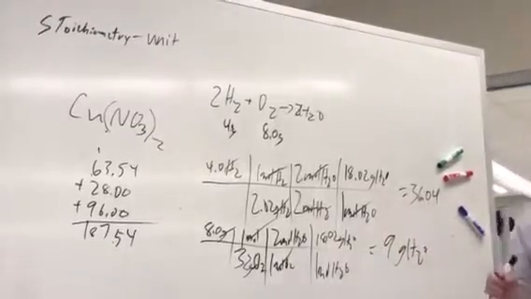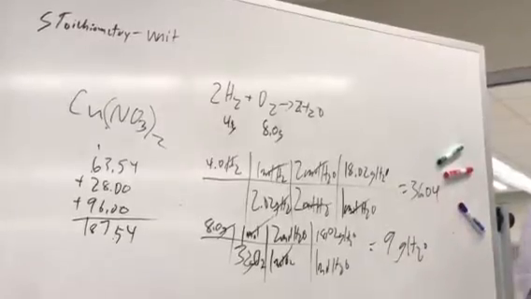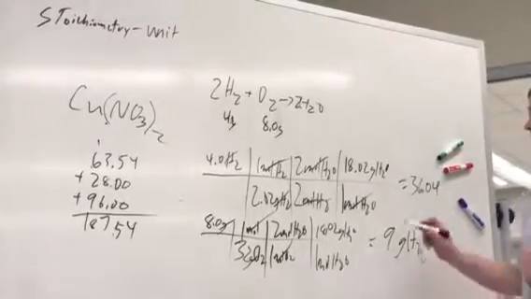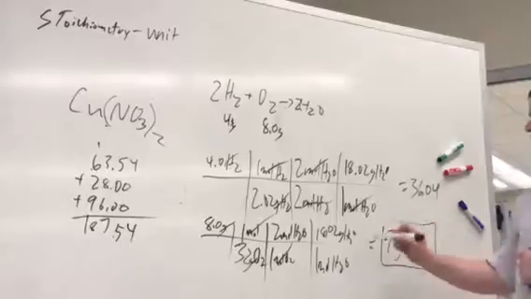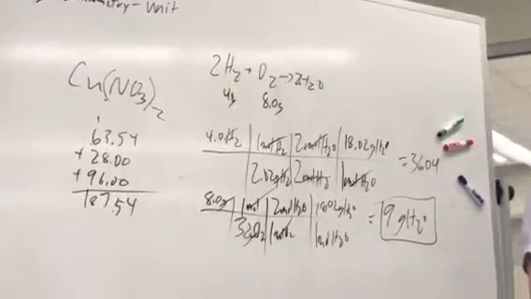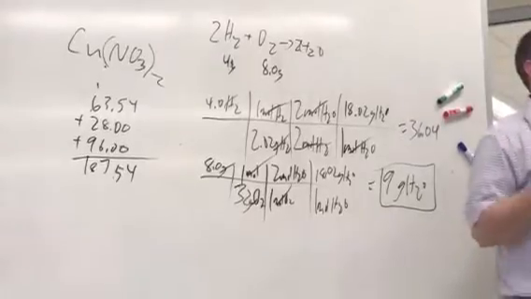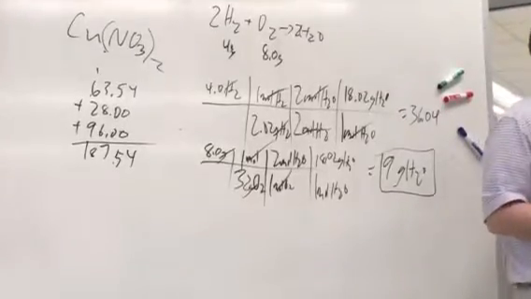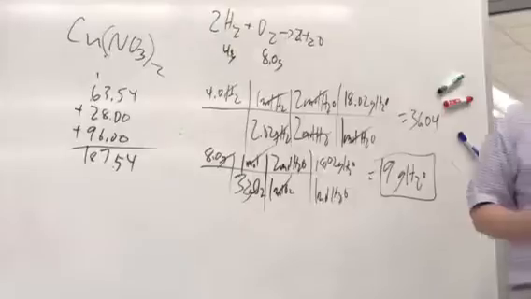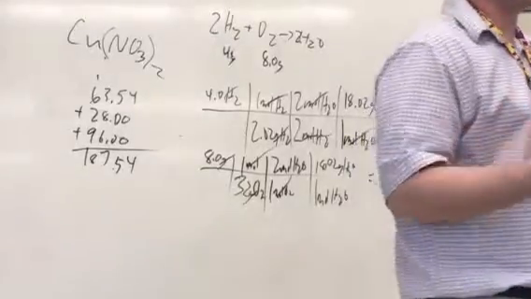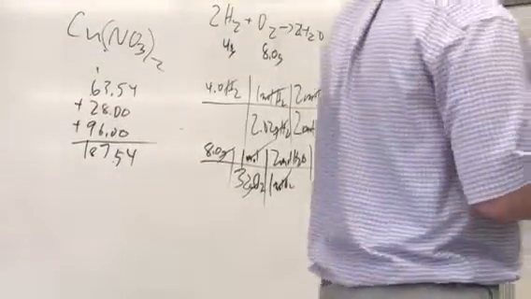Which number is less? Is 36 or 9 less? So this is my limiting reagent right here, because 9 is less than 36. I need to know how much H2 I used, so I will do it a third time.